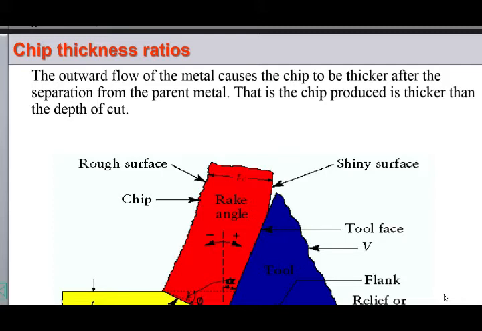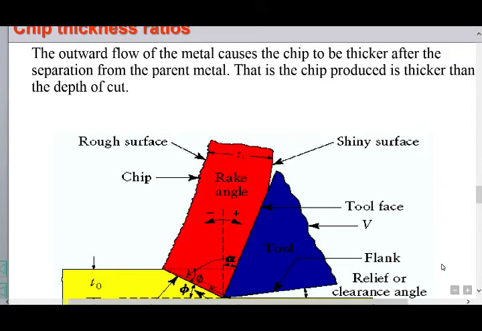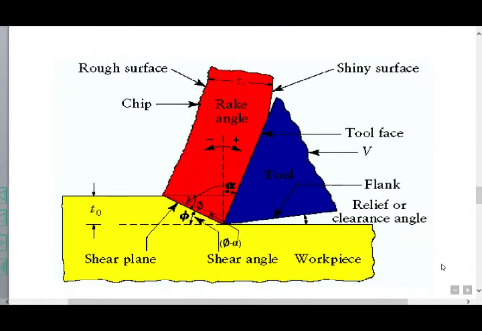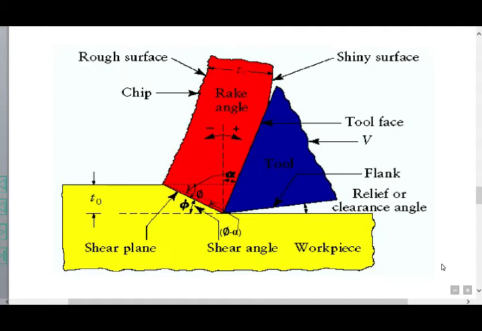The chip produced is thicker than the depth of cut, and that is the main important point here. This is a figure of chip thickness ratio.